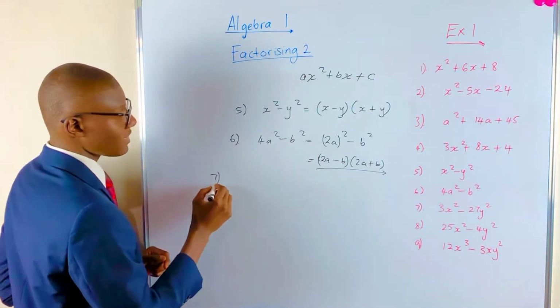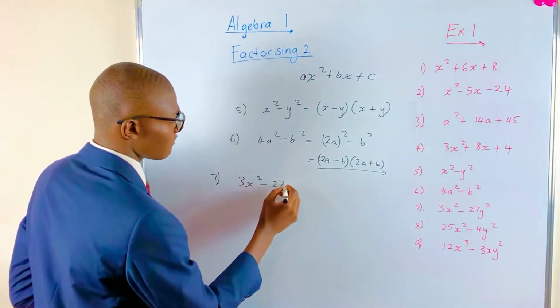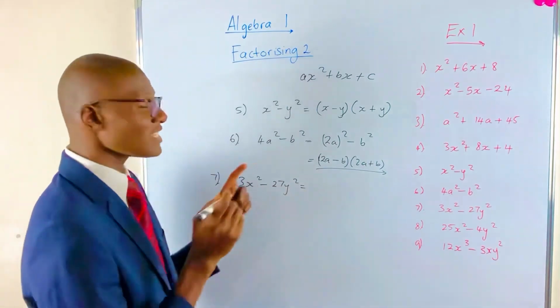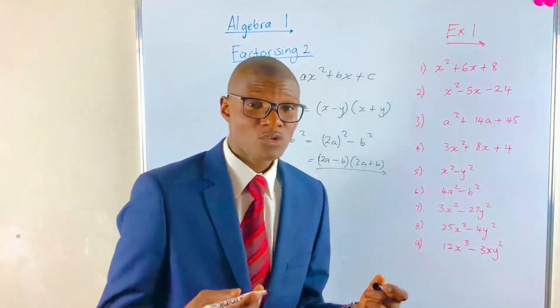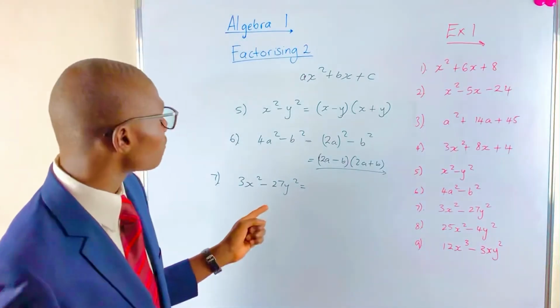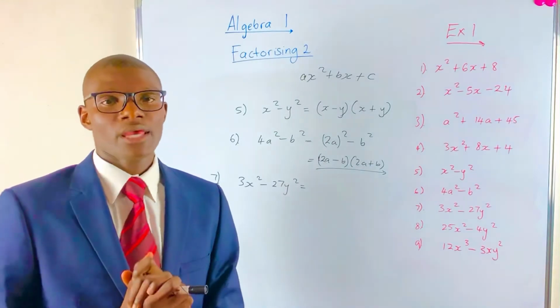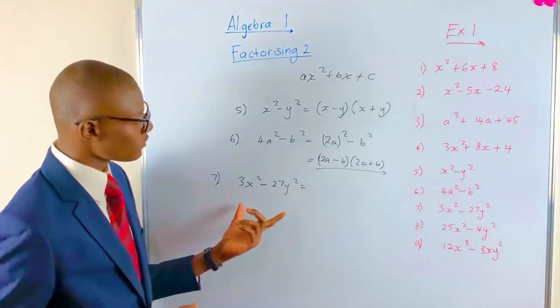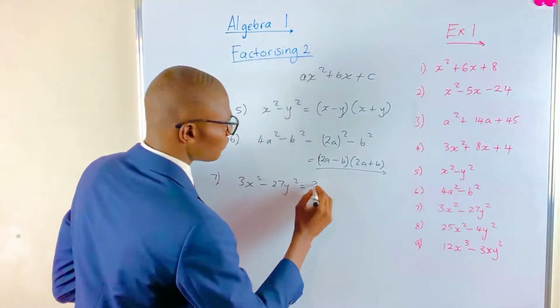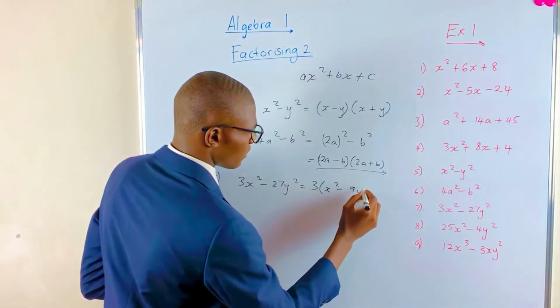And now for number 7, we've got 3x squared minus 27y squared. As you can see, we can find the square root of 3x squared and of 27y squared, but this won't be a perfect square, right? So first of all, we can factor out 3, which is common, and then we get x squared minus 9y squared.